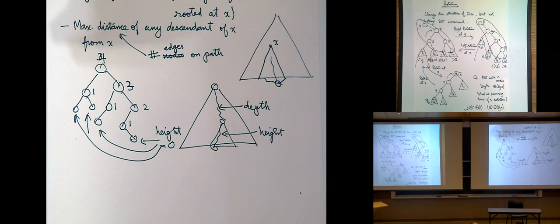There are only two distinct levels of heights, or rather, well, you have to be careful, but yes, there are two distinct levels of depth, I guess, of the leaves. The distance of leaves from the root, there are only two possible values, right?